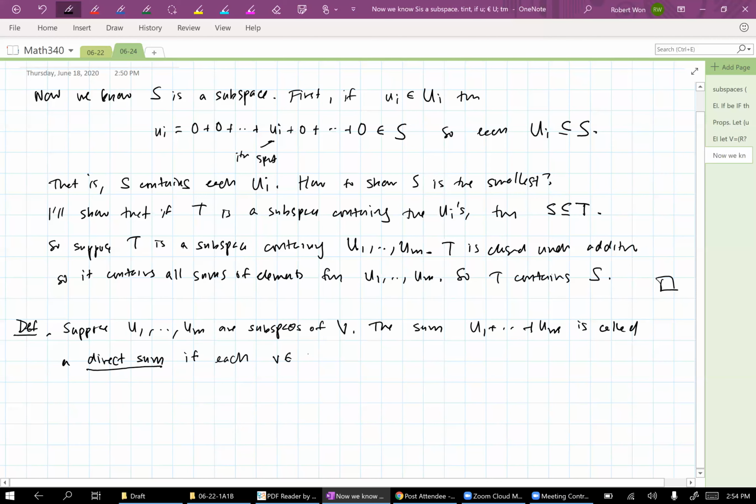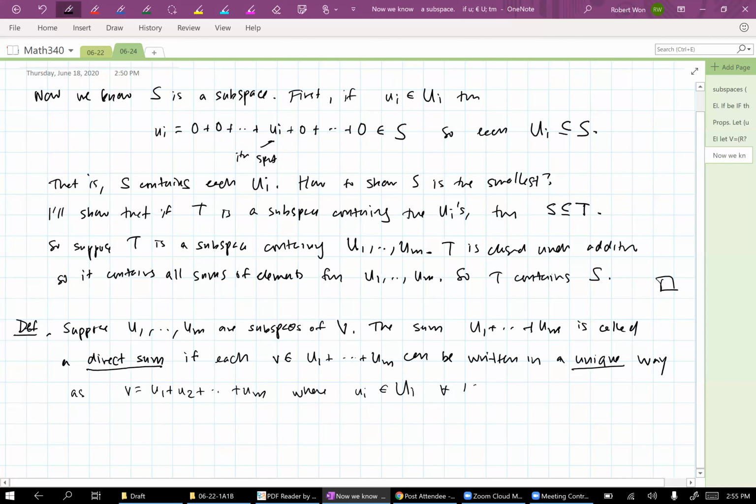each v in the sum can be written in a unique way as v equals u_1 plus u_2 plus up through u_m, where each of the u_i's is in big U_i.